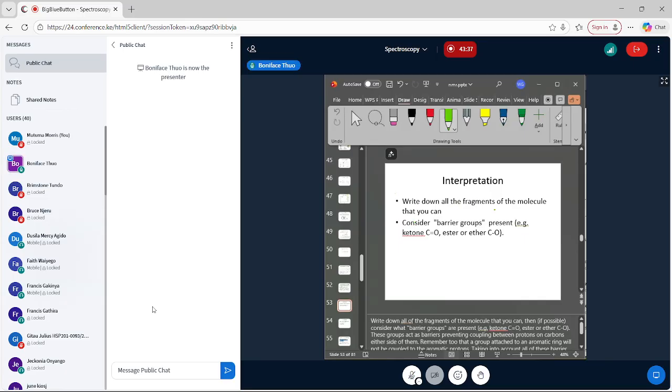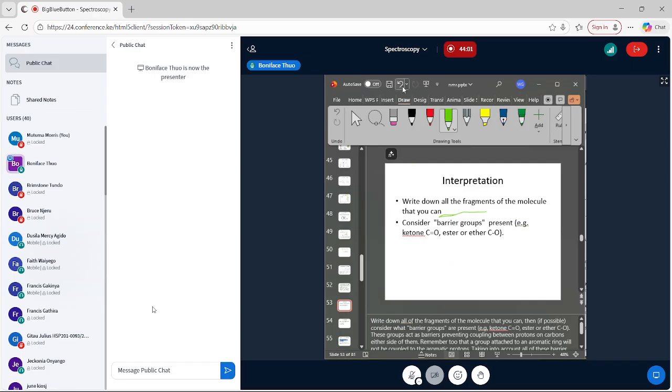So the process would involve looking at the spectrum, deciding on the possible fragments, and then logically trying to connect the fragments into a whole molecule.